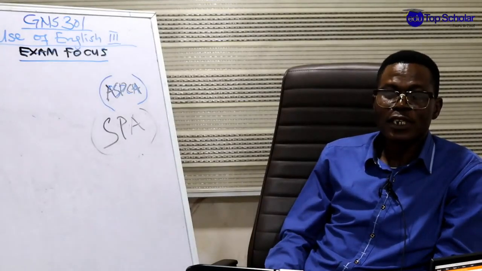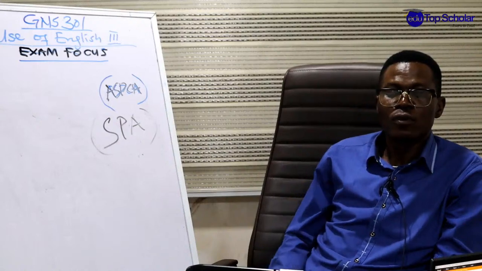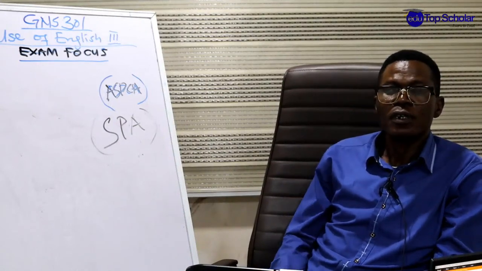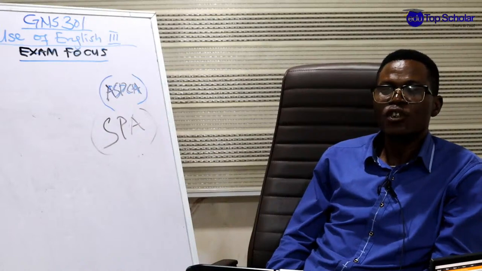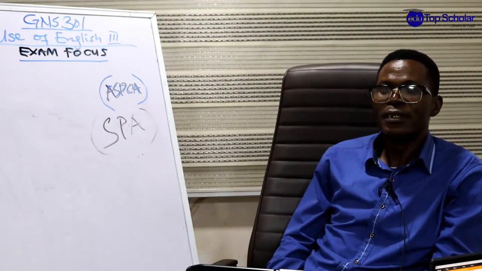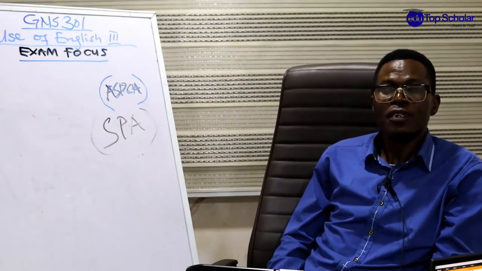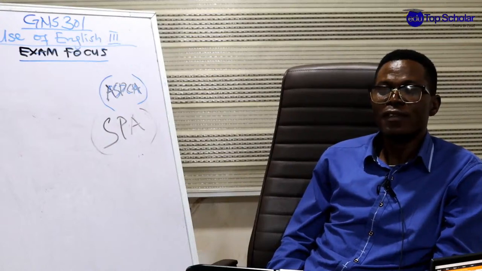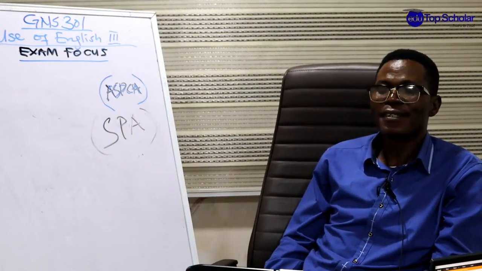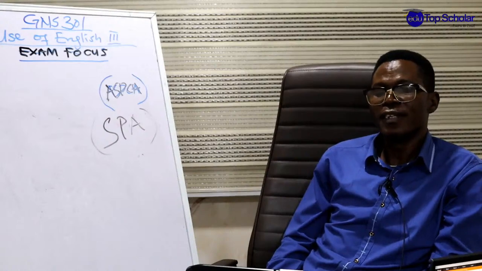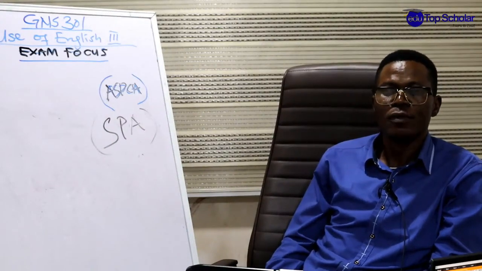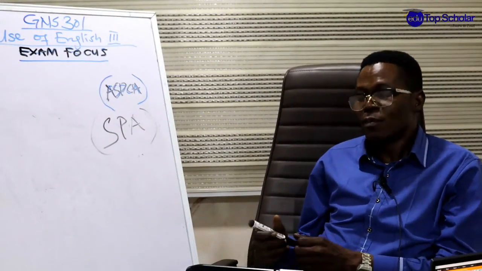The last part of section A is concord. Now the question says, spot the errors in each of the following sentences and correct them appropriately. Number one. Now, let me explain something here.